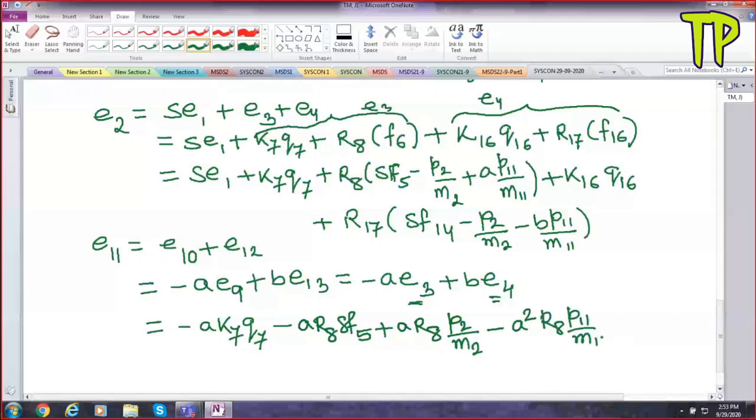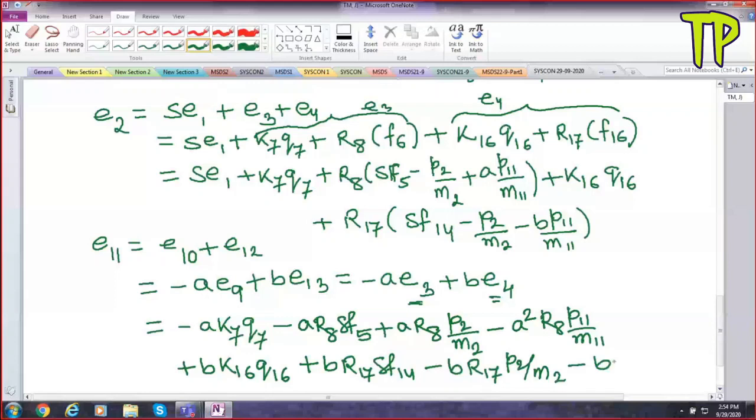Next one is B. Then plus B, 14 minus B by minus B R15 P11 by M11.